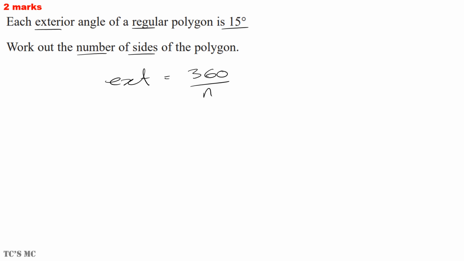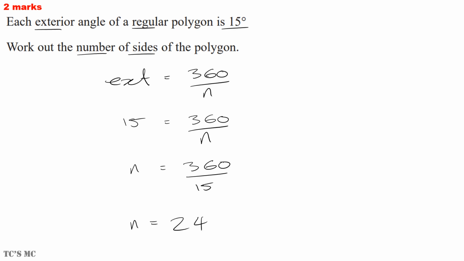We know the exterior angle is 15, 360 is 360, and we do not know the number of sides. We can rearrange this by saying n is equal to 360 divided by 15. Now we have 1 mark. If we type that into our calculator, we get 24, and that is our second mark.